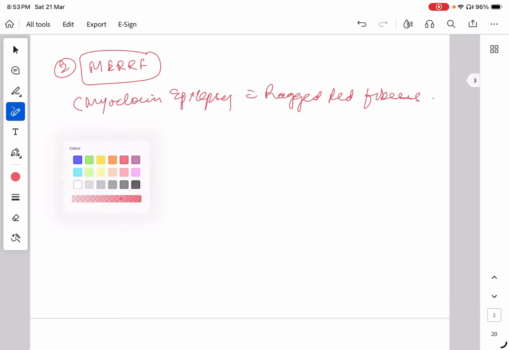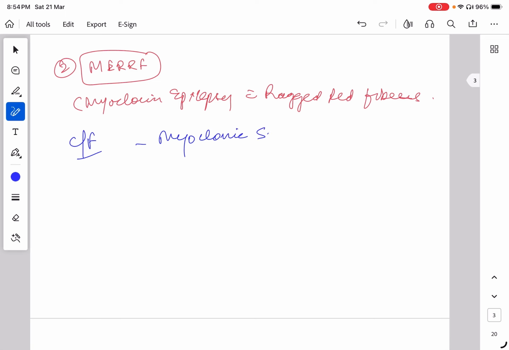What are the clinical features? Myoclonic seizures, as the name suggests, are seen in these patients. The patient may present with ataxia, and the patient may also have dementia. So ataxia and dementia are the features of MERRF.